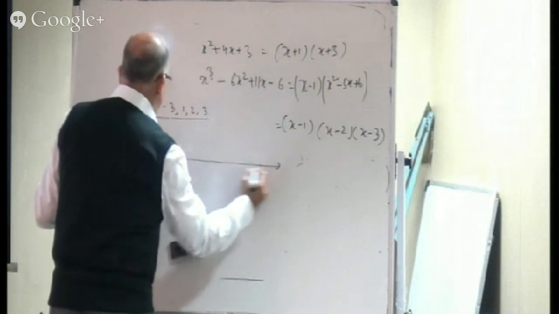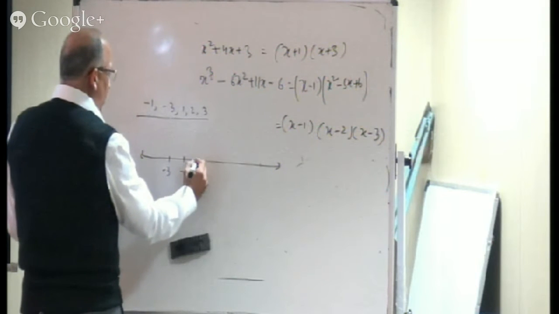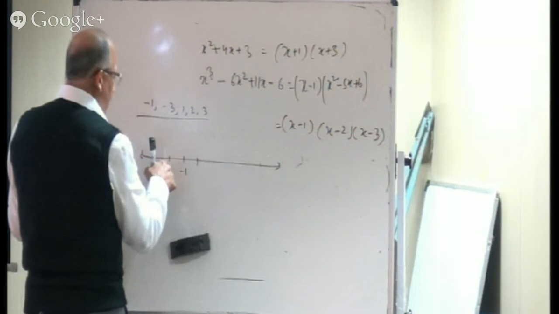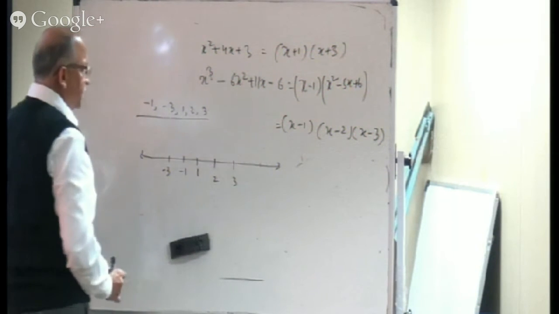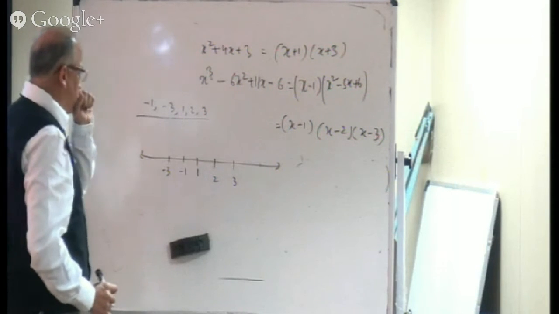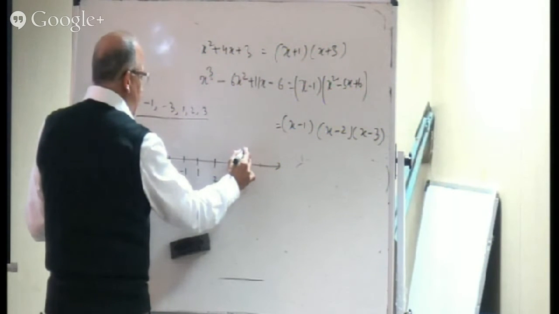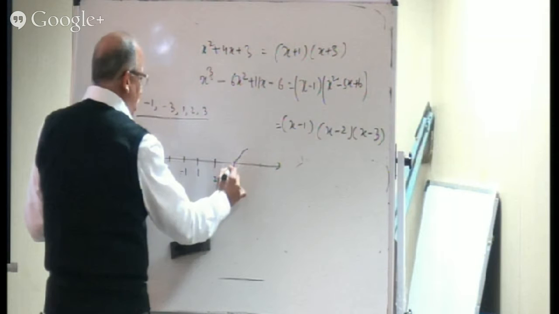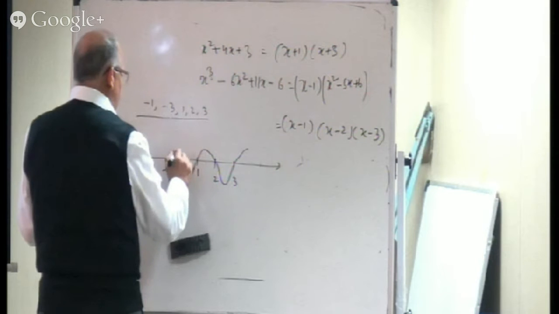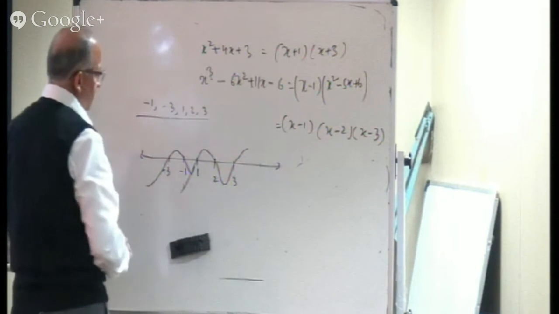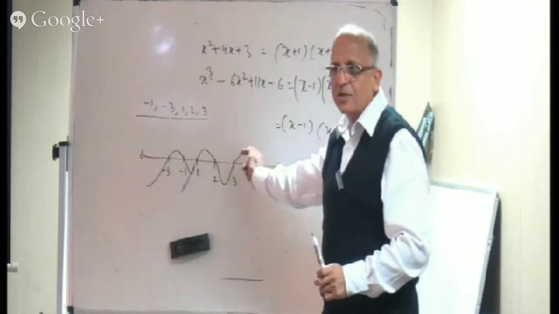Arrange them on a straight line. Minus 3 is the lowest, then minus 1, then 1, then 2, and then 3. And you can see that you draw a curve like this, starting by taking this as positive.